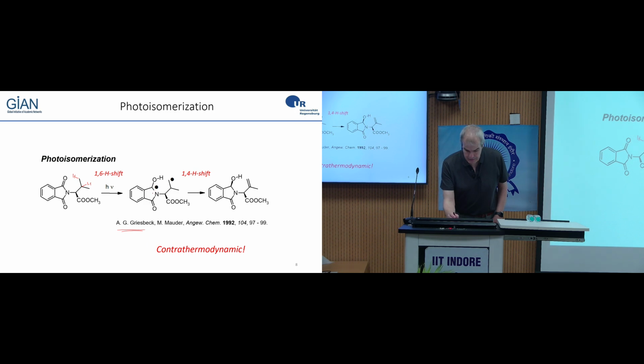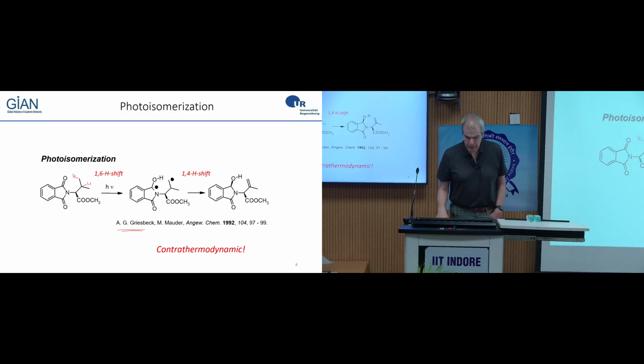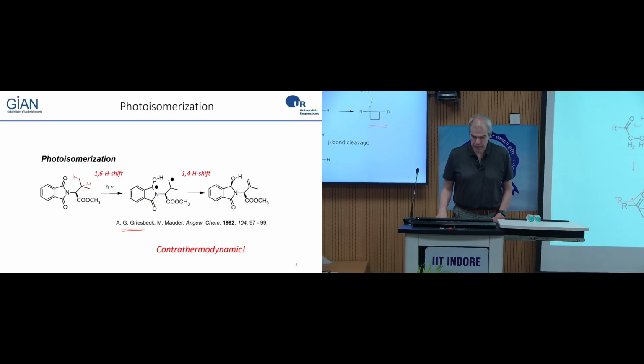Again, he's making this diradical, and now the interesting thing is, how is it stabilizing itself? Here we saw what it can do. It can cleave by fragmentation of this bond and form these two alkenes, or it can do the radical-radical coupling.